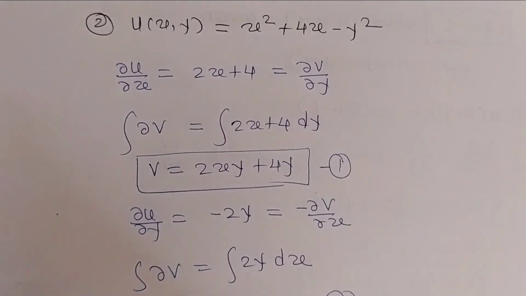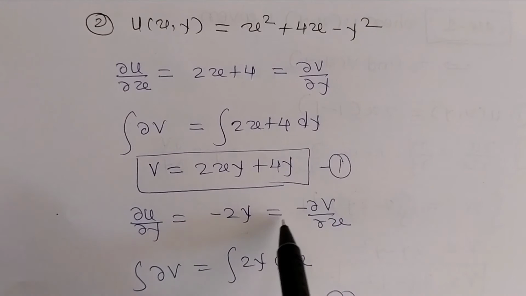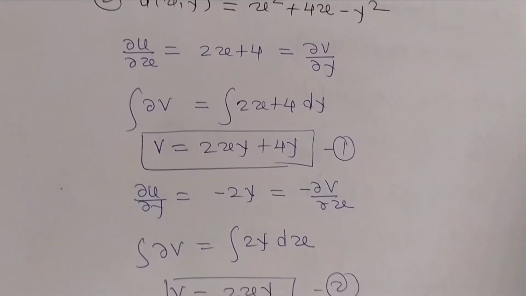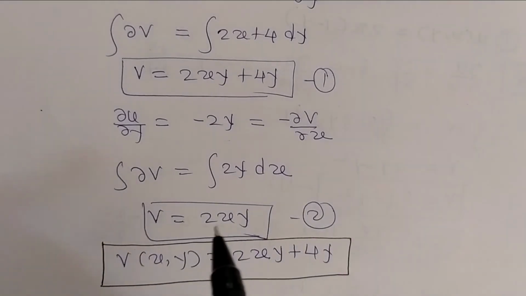This is the first equation. Then dou u by dou y, with respect to y, is minus 2y, which is equal to minus dou v by dou x. So the integration of dou v is equal to the integration of 2y dx, so v is equal to 2xy.